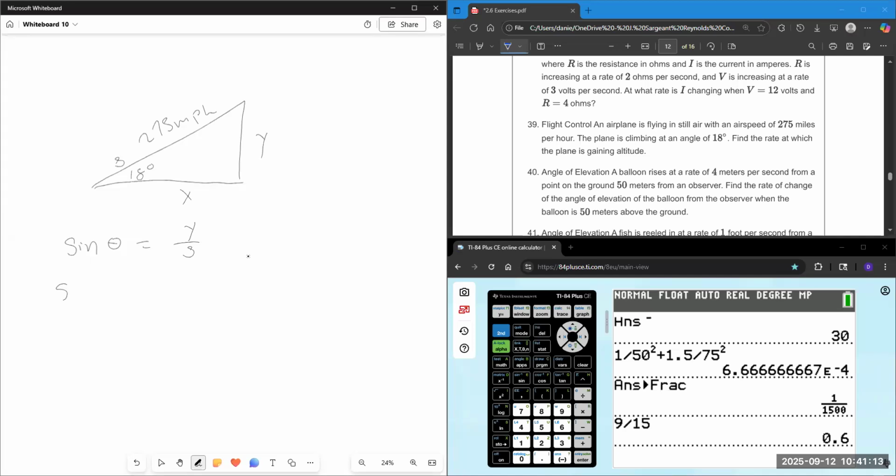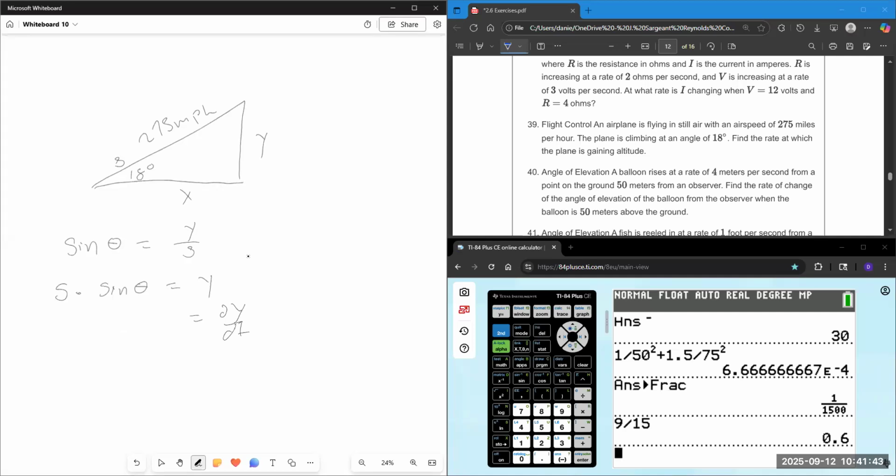So s times sine of theta is equal to y. S times cosine of theta times d theta/dt is equal to dy/dt. So sorry, I did that wrong.